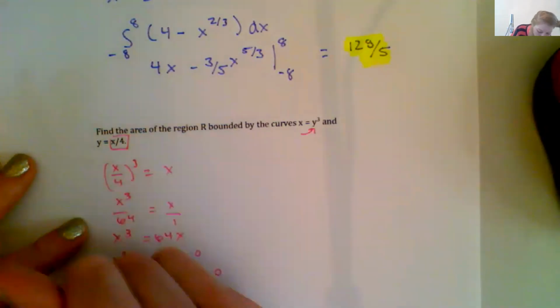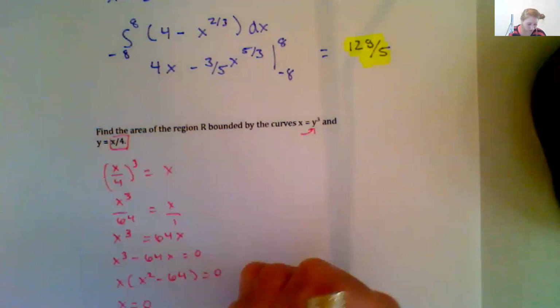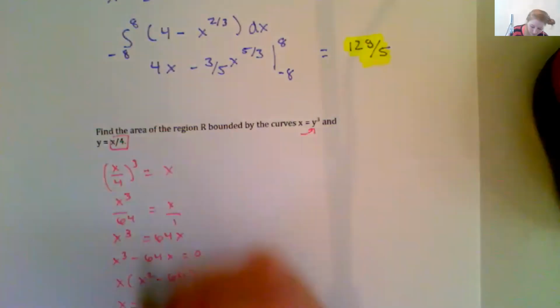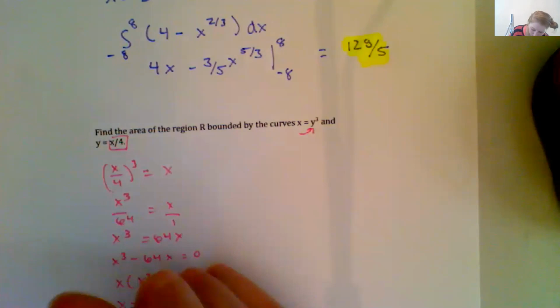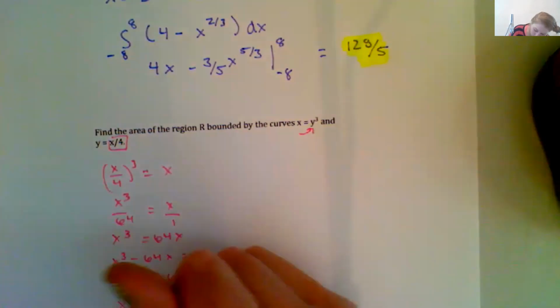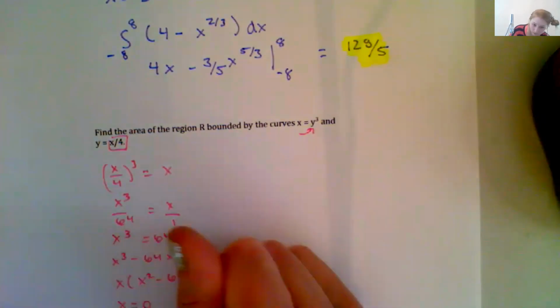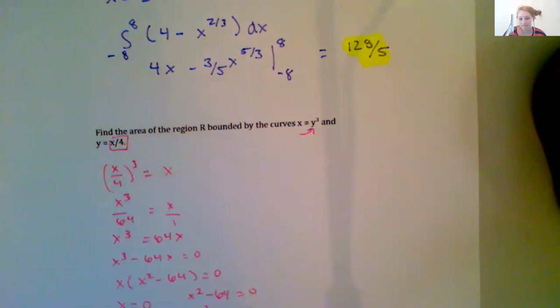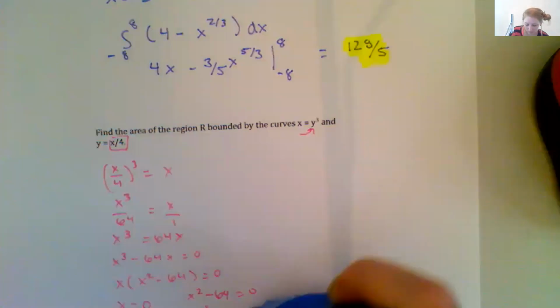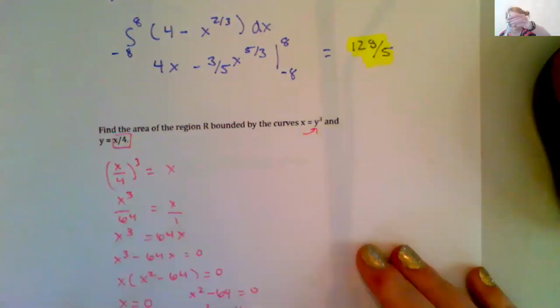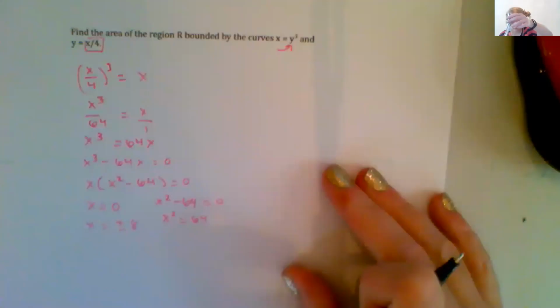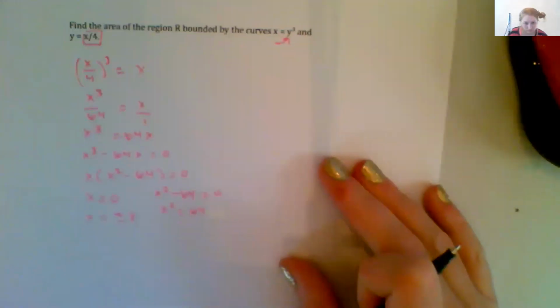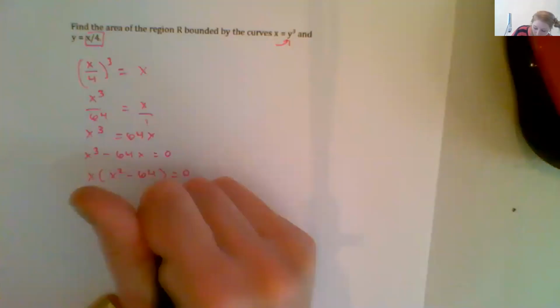So I'm going to get x equals 0 and x equals plus or minus 8. Why plus or minus 8? Because x squared minus 64 equals 0. So x squared equals 64. So then x equals plus or minus 8.